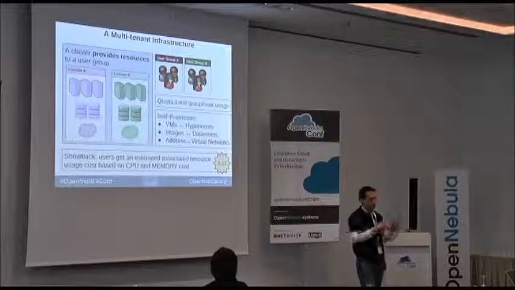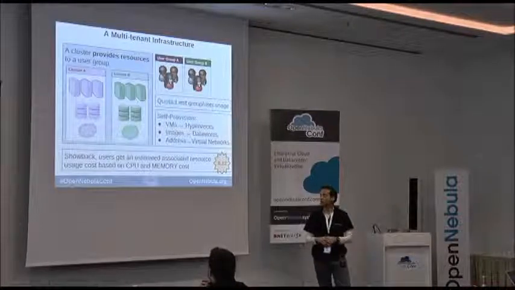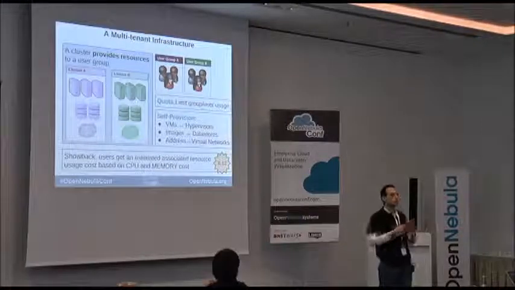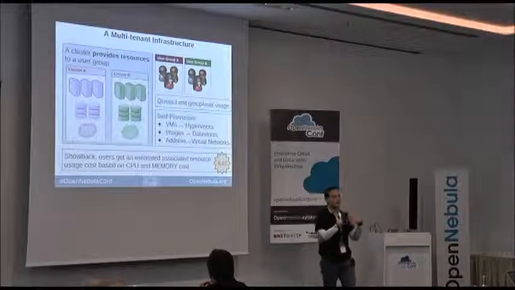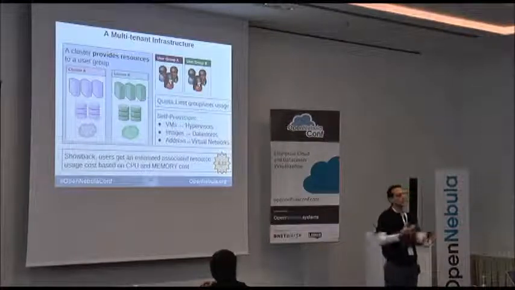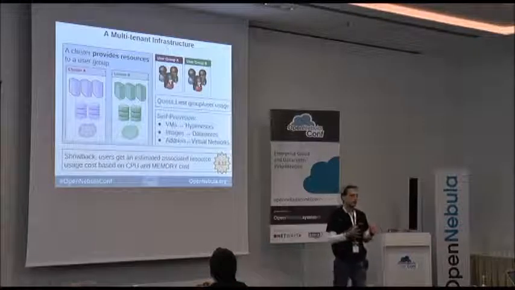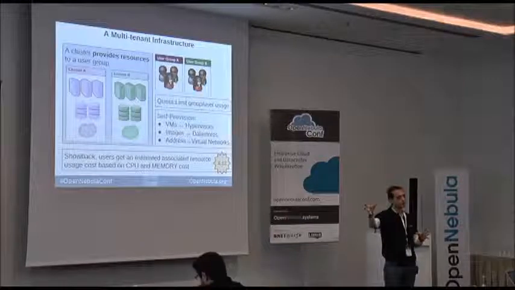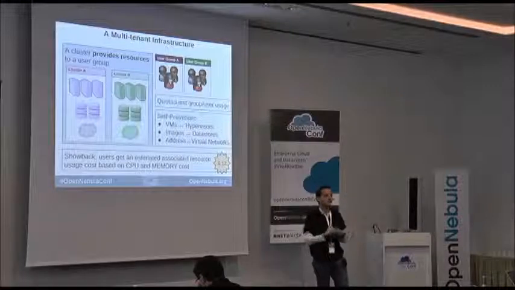For example, you have the hypervisors in the cluster, so users can allocate VMs in the hypervisors. You assign data stores to the cluster, so users can save VMs in those data stores, or can create disk images in those data stores. And with the last release, where we implemented security groups, users can even self-provision virtual networks, because you assign a network to the cluster, and the users can reserve an address space from the network that is implemented as another virtual network, and they have their own virtual network.